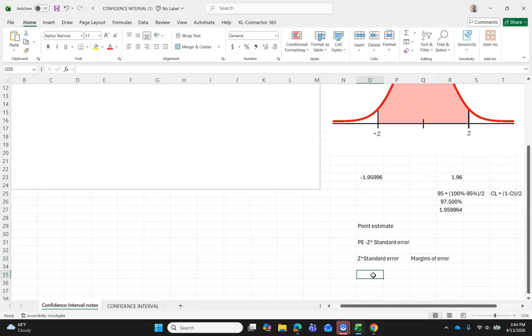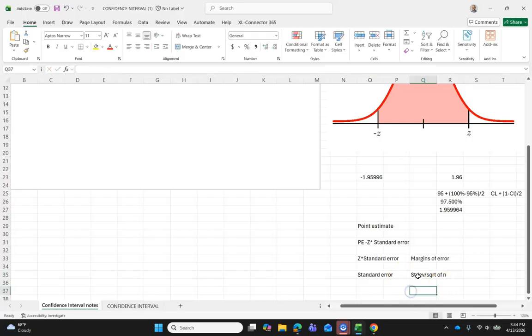So how do we get the margin of error, or how do we get the standard error? The standard error can be found as the standard deviation of the population divided by the square root of n, or the sample size. That's how we can find the standard error.